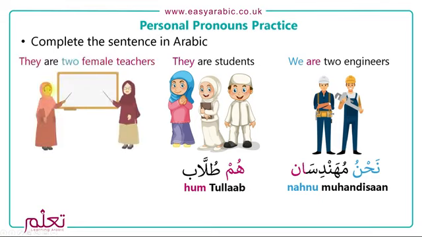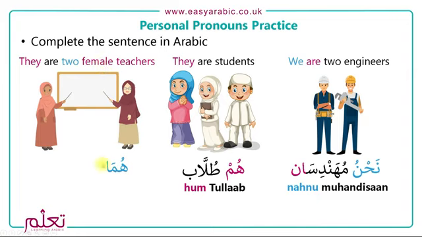The next one is they are two female teachers. So here we're talking about the third person again. So the word that we'll use for they is huma. And the important thing here is two female teachers. So the word is teacher, which we're going to have to convert into a dual, but then also we have to make it female.